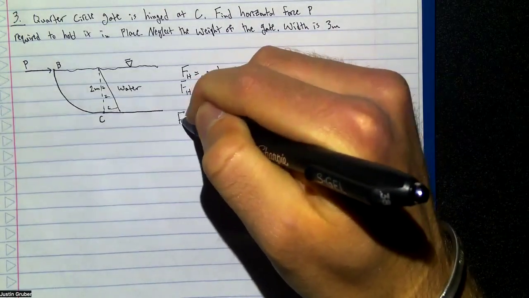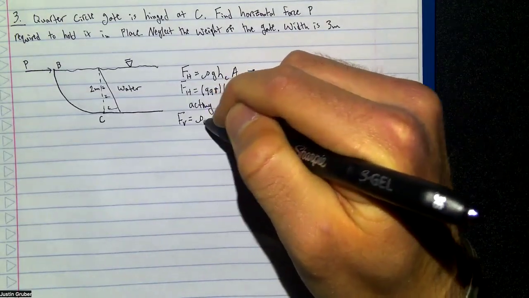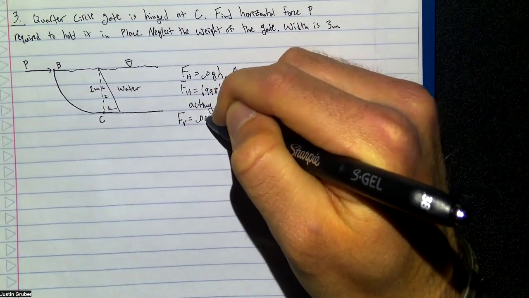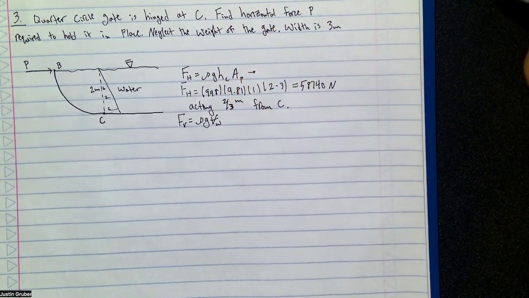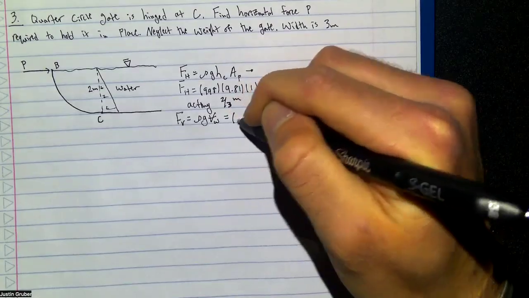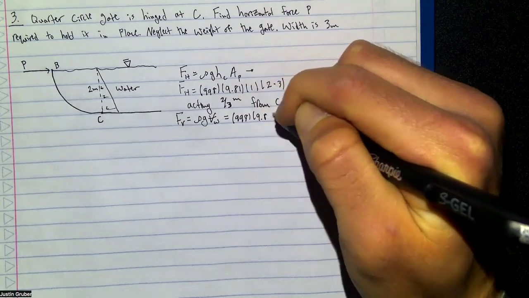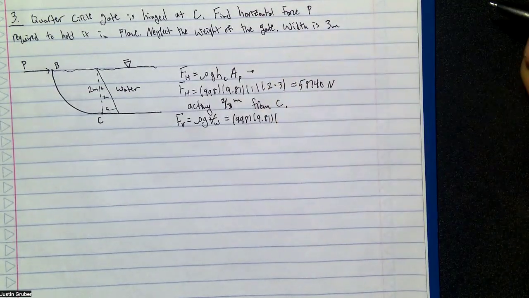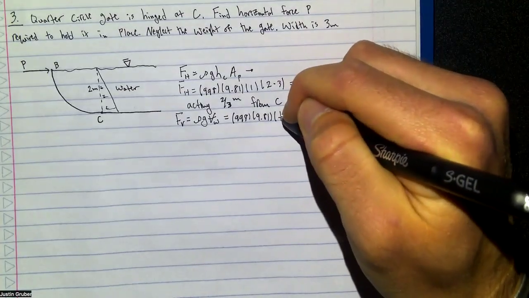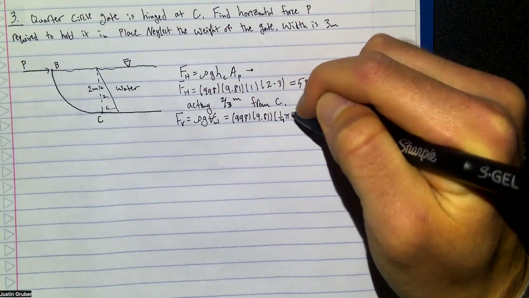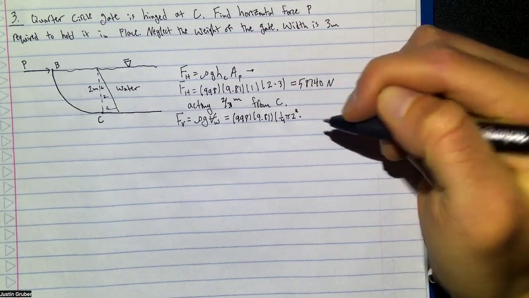Now, vertical force. Again, this is the easiest one you can do. This is just rho times gravity times volume. In this case, it's just the volume of the water, right? So multiply everything out: 998 times 9.81 times the area of a quarter circle, which is 1/4 pi times radius squared, so 2 squared, times the width, so times 3.